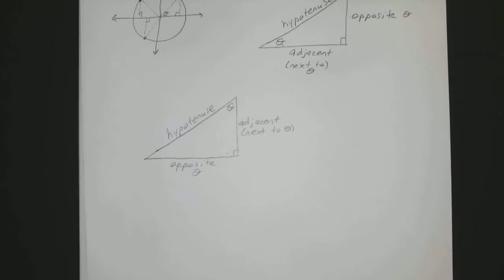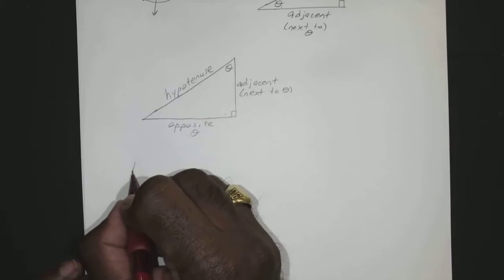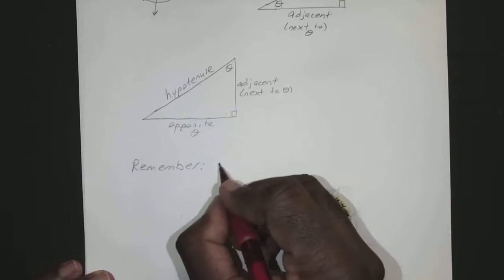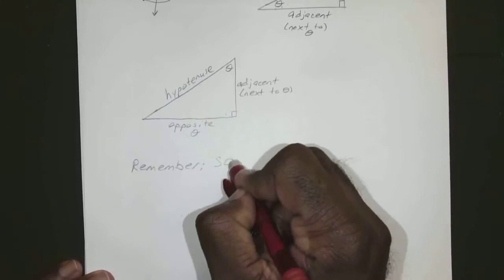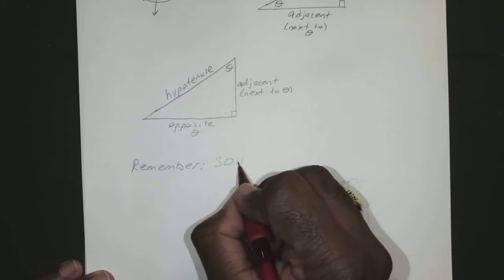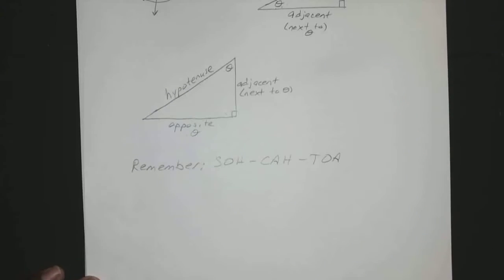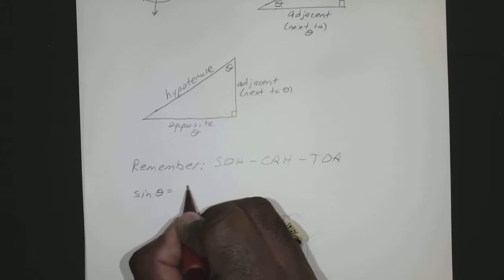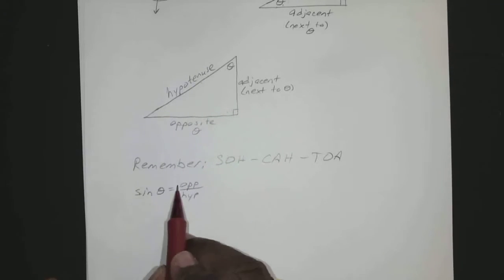Okay. So this is where it can get a little bit easier to remember all of those. You probably remember this from before: SOHCAHTOA. That's because sine of theta equals opposite over hypotenuse, SOH.